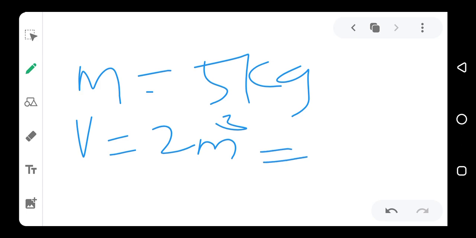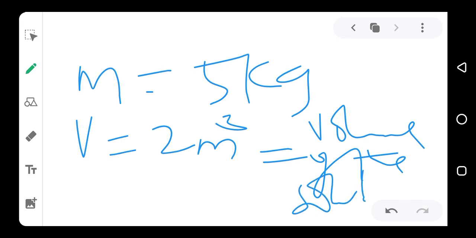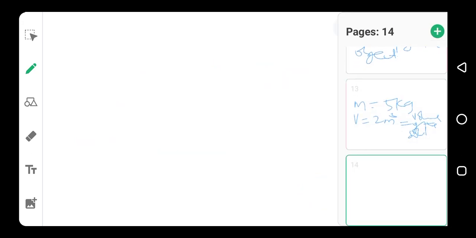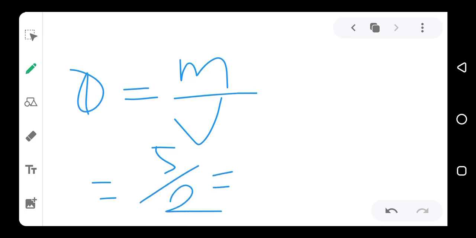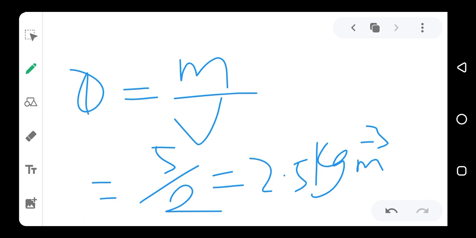So this is equivalent to the volume of the solid. So our density is equal to mass over volume, which is equal to 5/2, and this gives us 2.5 kg per meter cube. So this is how to get the density of an irregular solid.